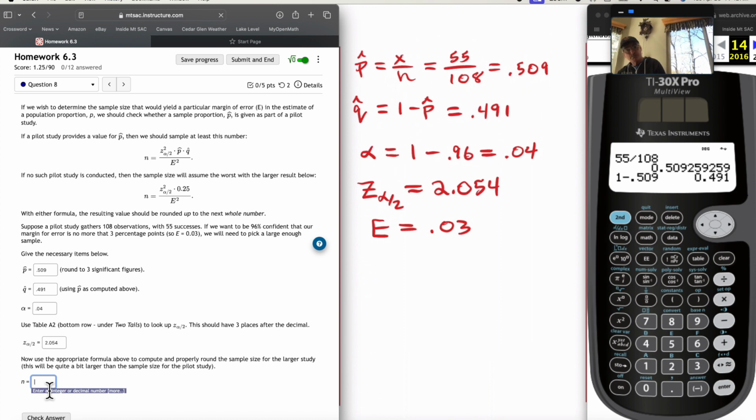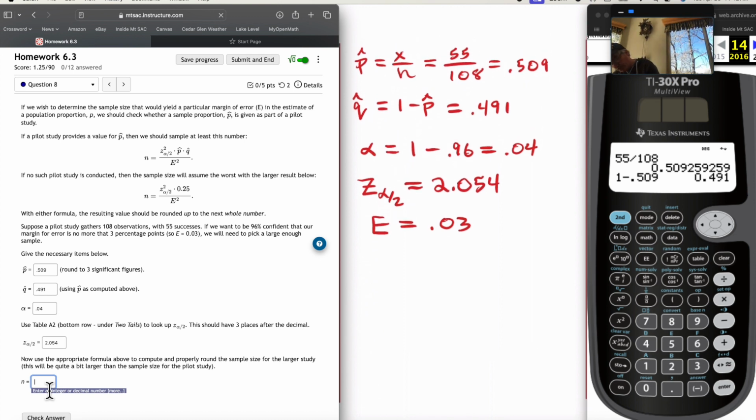So n is z sub alpha over 2 squared times p-hat and q-hat. And then we have to remember to square the margin of error down here, so E squared.